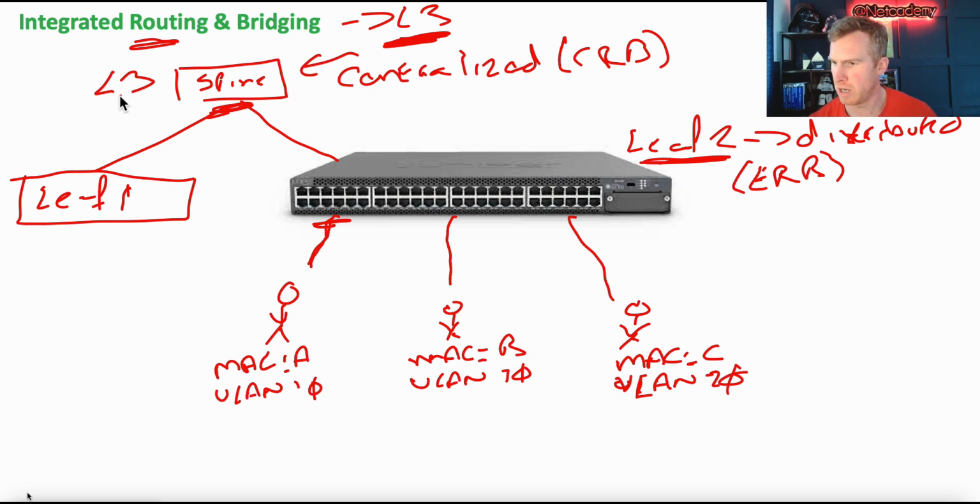And as we know, we've got user C with MAC address C here, and user A with MAC address A connected to the same leaf, i.e. leaf 2.